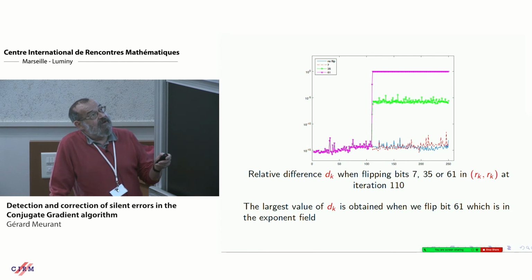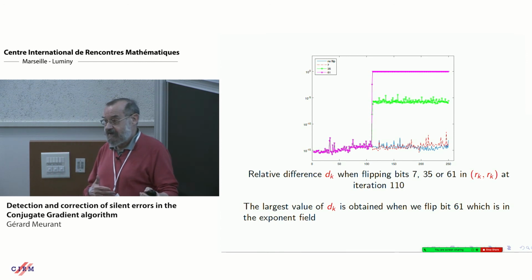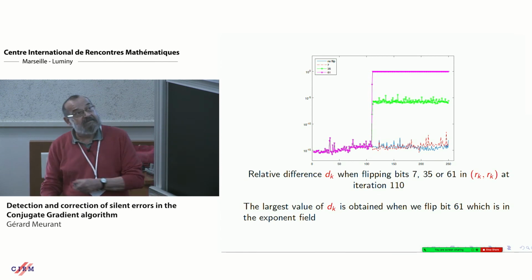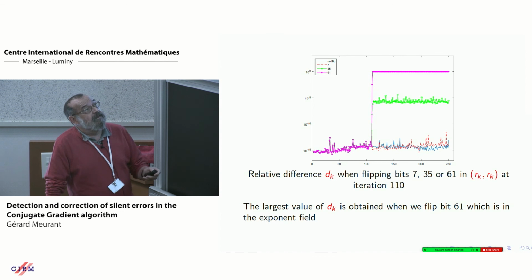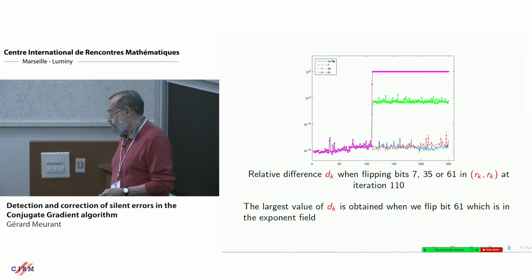And you see when you flip bit 7 you have this curve, so you are not going to be able to detect that. But it doesn't really matter because it's harmless, as we have seen before, because you get more or less the same number of iterations. But when you flip bit 35, you get this curve, and bit 61, you get that one. So clearly you see that something happened at iteration 110, and you have to do something.